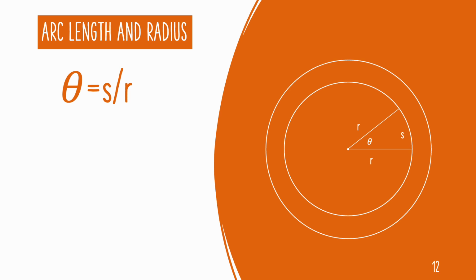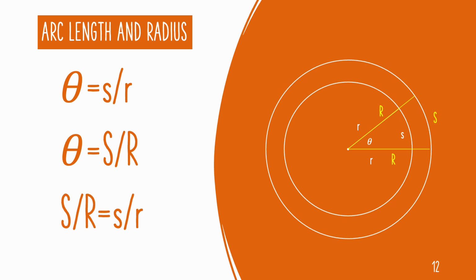Okay, now let's use the bigger circle. So the bigger circle has a radius uppercase R, and the arc length is uppercase S. Now it makes the same exact angle theta. So I can again use the same relationship to write theta equals uppercase S over uppercase R. But we know that both angles are exactly the same.